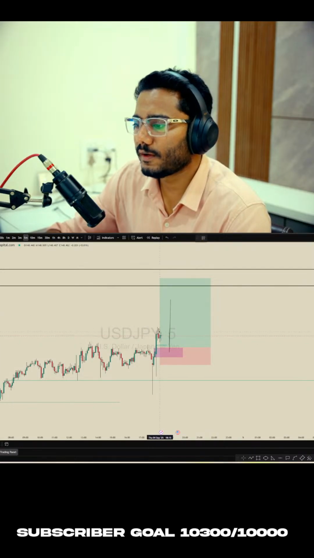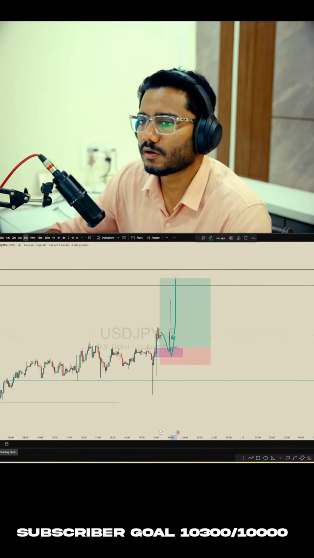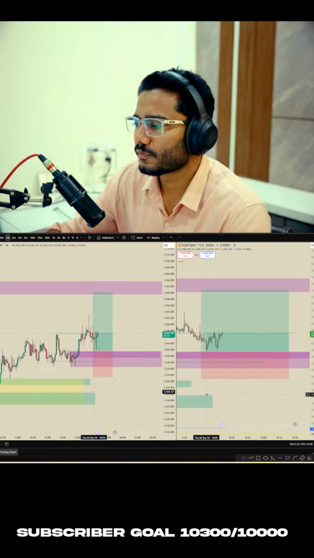And look for entry confirmation as a candle closure, or you can look for a structure break on 1 minute time frame, and it will continue. Gold, it's already going to the upside now.